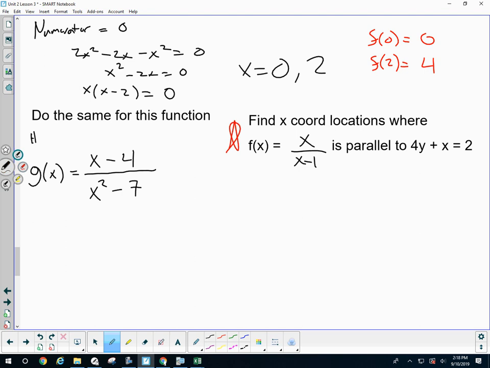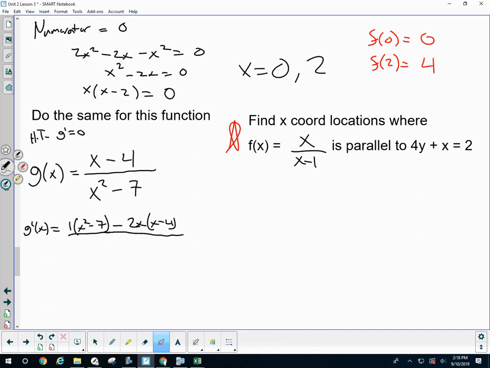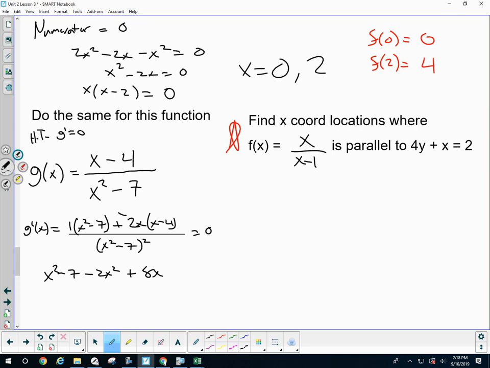Horizontal tangents, what we're doing here, again, tangent slopes generate a slope of 0. Find the tangent slope generator, see when it generates a slope of 0. Distribute that negative.